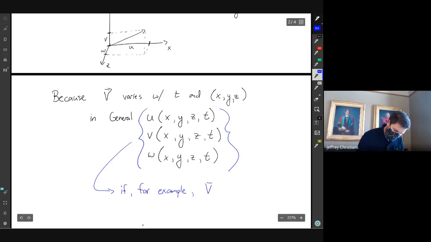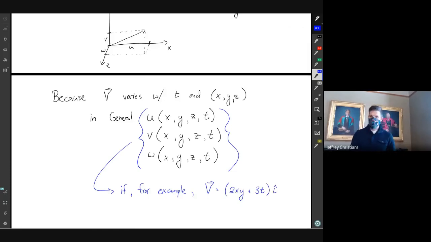For example, if V equals, and I'm just going to make something up, 2xy plus 3t i hat. I'm just making up some mathematical equation for some velocity field. This isn't a realistic velocity field. It's just numbers that I made up.